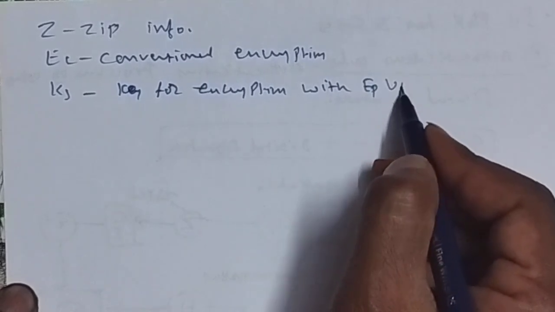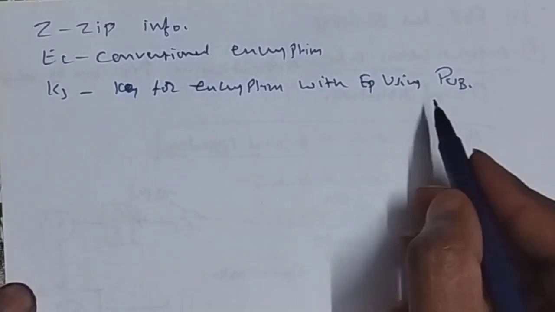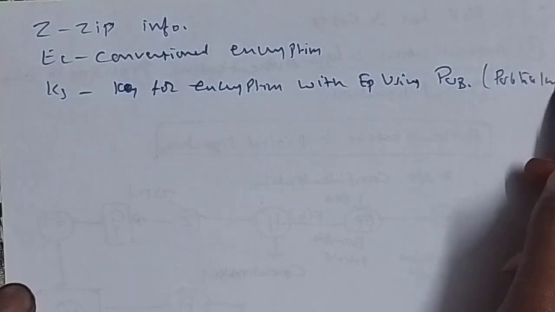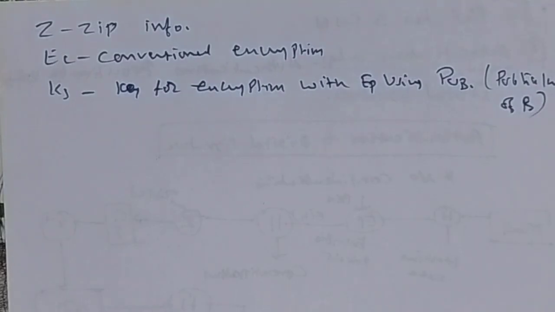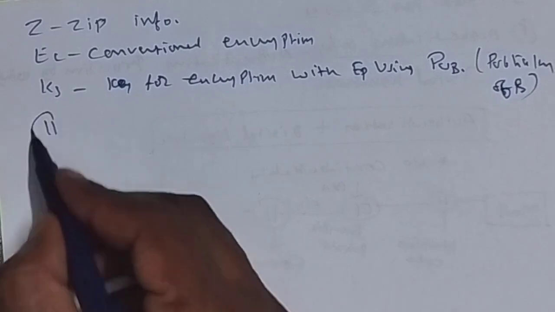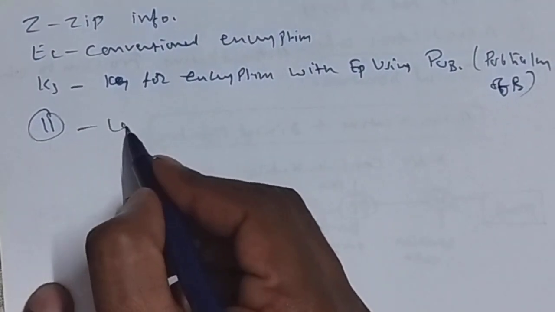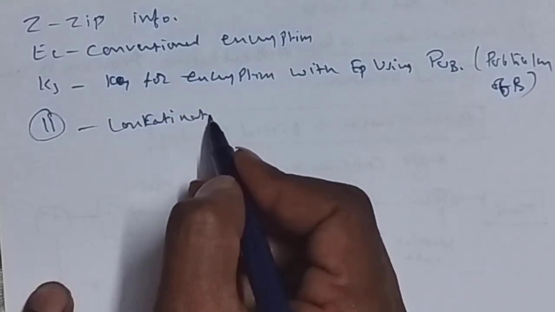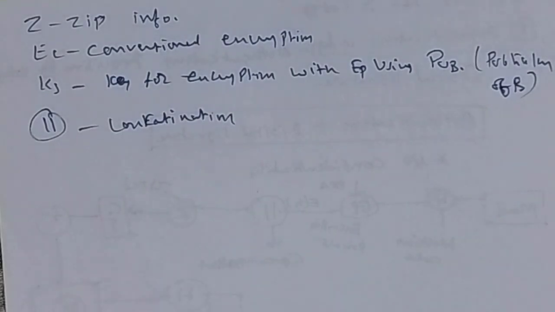EP is encryption using PUB, the public key of B. This symbol is called concatenation, and Z inverse means decompression.